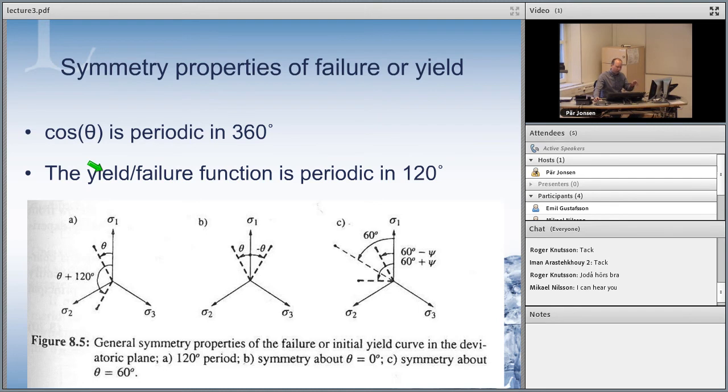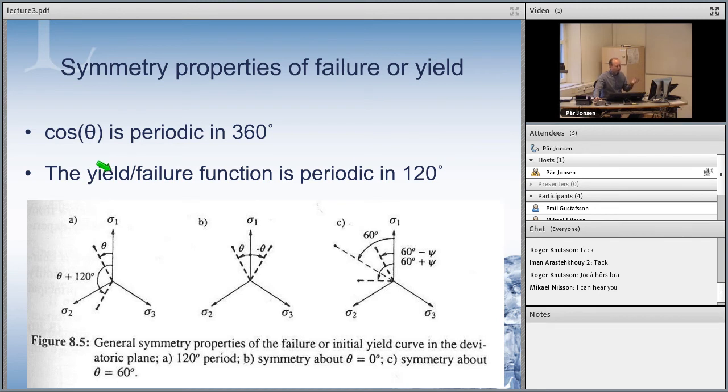I will show you a little bit later with testing how it works. If I rotate, I can find the same loading on my body here and here, because I've just moved a little bit from one principal axis in stress space, sigma 1. I do the same at sigma 2. So I will find exactly the same loading at this position as I did in this one.